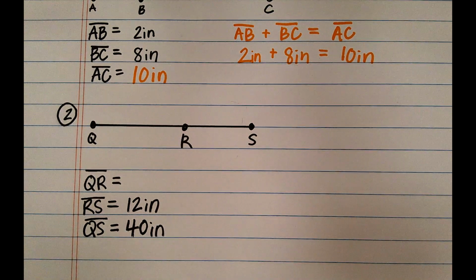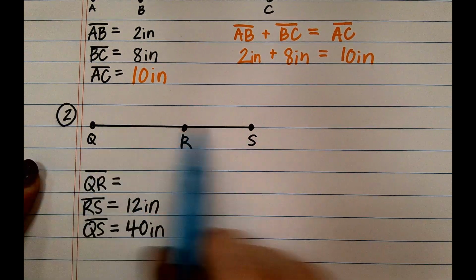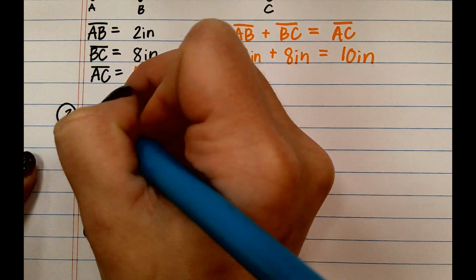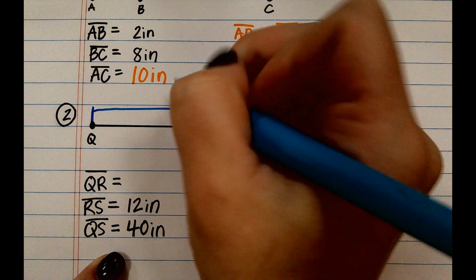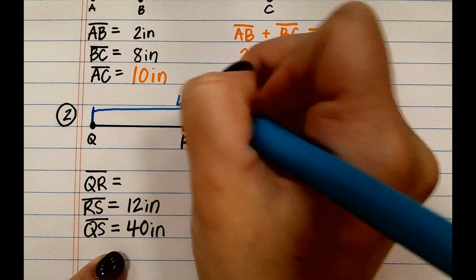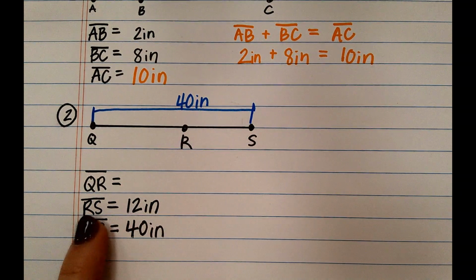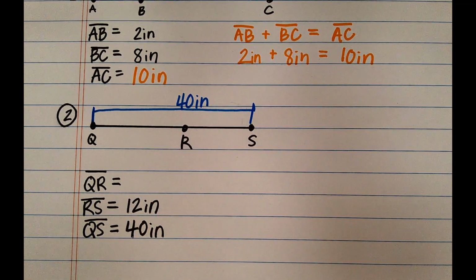So basically what she just said is we know that the whole segment from Q to S, I'm going to label it, kind of draw on here, from here to here is 40 inches. We also know that RS, this little segment here, is 12 inches.